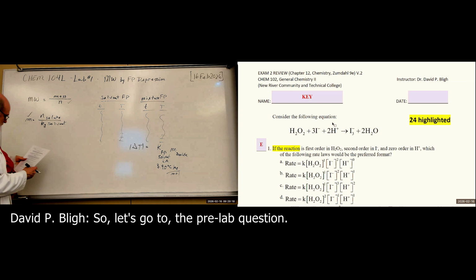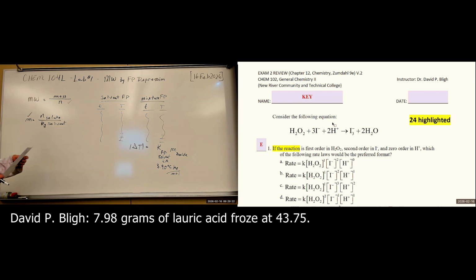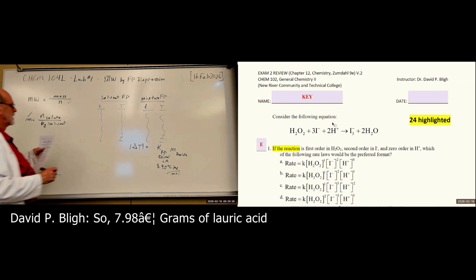Okay, so let's go to the pre-lab question. 7.98 grams of lauric acid froze at 43.75.